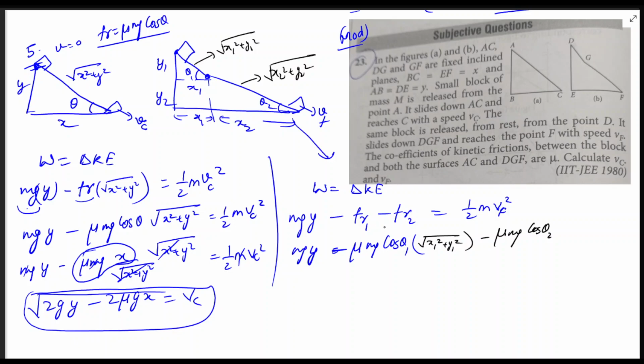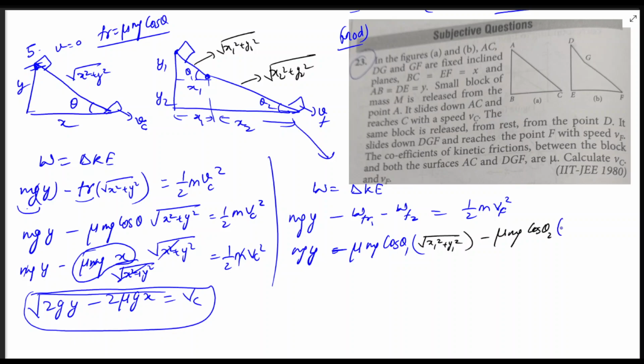So this is the work done by friction 2, right? So I have to write it as work done by friction 1 minus work done by friction 2. Okay, perfect.